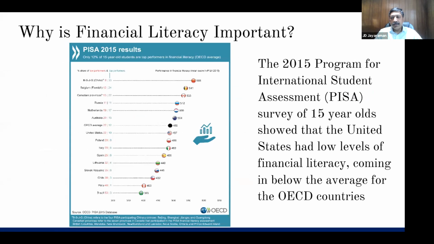Why is financial literacy important? This is something I'm passionate about, and I have a background in finance. Nobody talks about it, but it's a very important thing and affects almost all of us, either directly or indirectly.